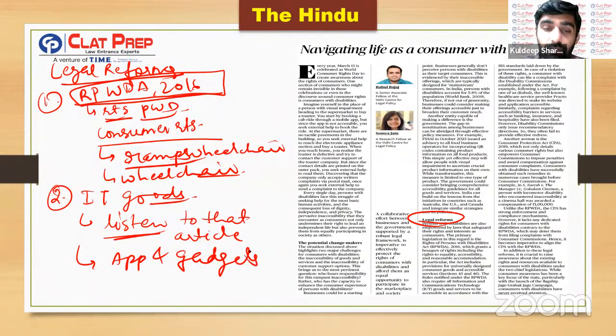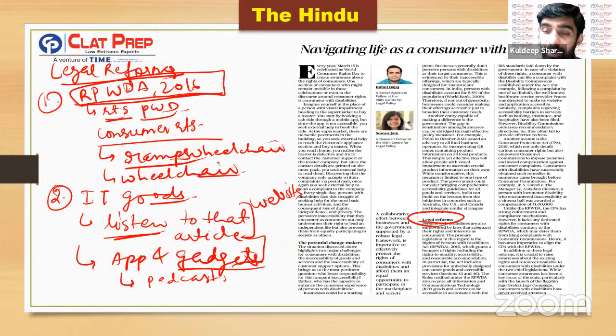For example, a word document can be converted into a podcast also. This is a facility you can use from the websites also. And there are certain apps and gadgets through which you can convert a written article into a podcast also. So these are some of the benefits.